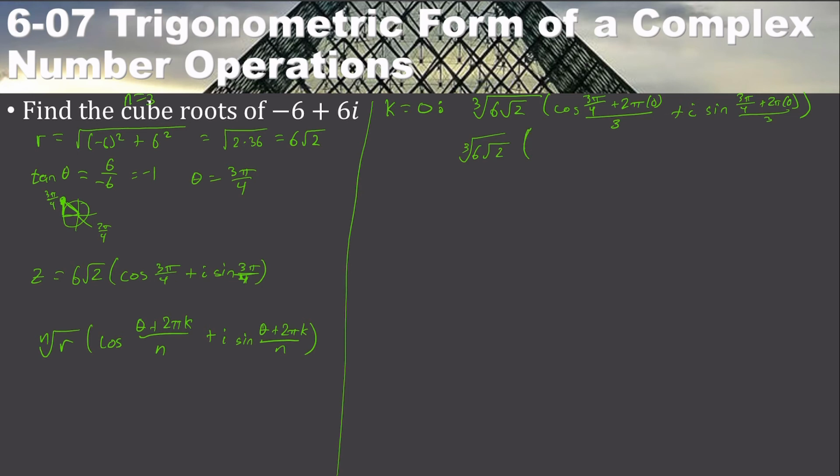So 2 times pi times 0 is 0. So I have 3 pi over 4 divided by 3 is pi over 4. Let's put these in our calculator and round them to 4 decimal places.